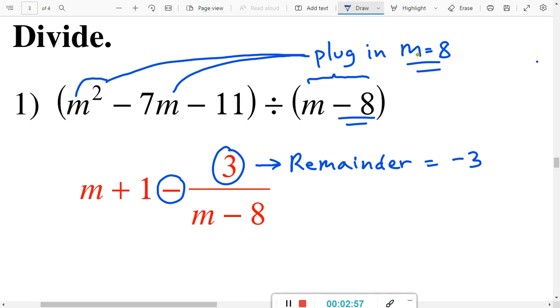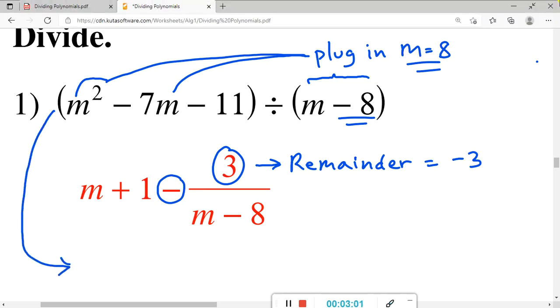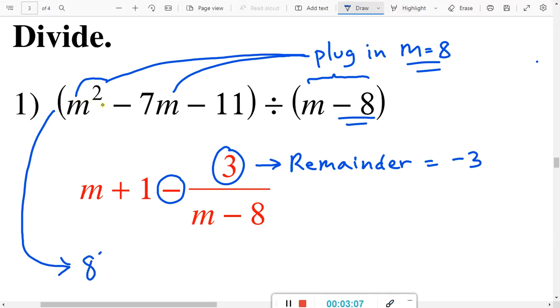All right, so let's evaluate this at m equals positive 8. Okay, we have m squared, so that's going to be 8 squared, minus 7m, so minus 7 times 8, and then minus 11.